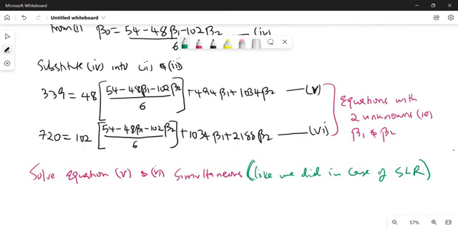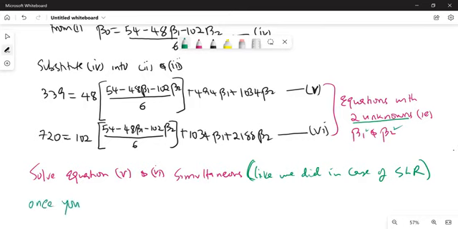Because in the case of simple linear regression, we had two unknowns, beta naught and beta 1. So in this context, we also have two unknowns, beta 1 and beta 2. So use any method that is suitable for solving simultaneous equations with two unknowns to obtain the values of beta 1 and beta 2.